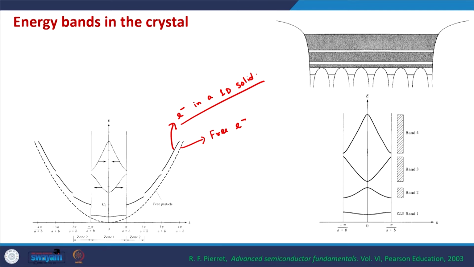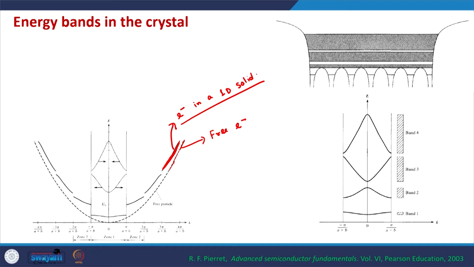As you can see, when the energies are quite high, the E-k relationship for the electron in the solid and the E-k relationship for the free electron approach each other; basically they converge.